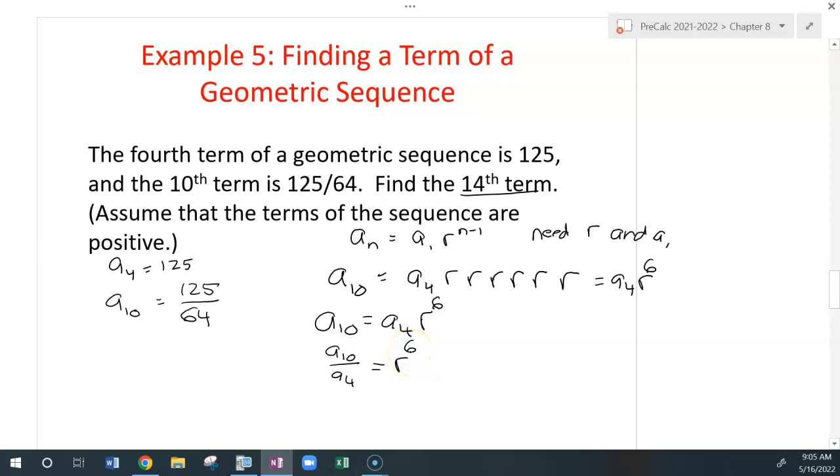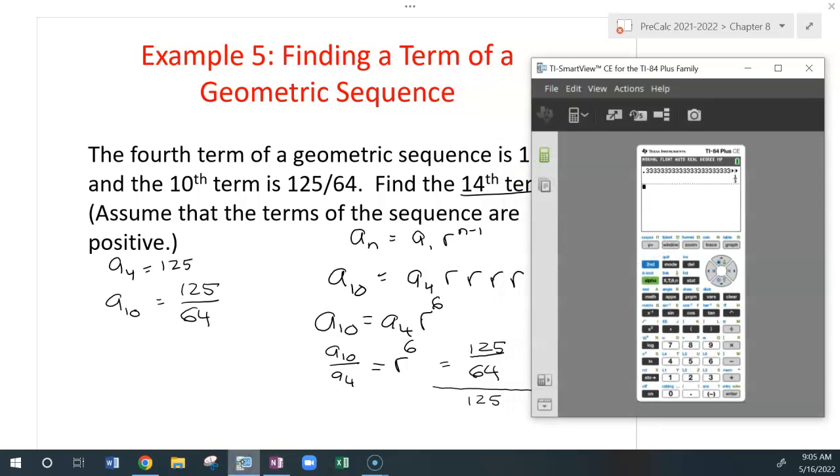So I'm just going to plug in what I know, and that equals 125 over 64, and that's a sub 10, and then we're going to divide by another 125 because that's a sub 4. And this is going to give us 1 over 64 equals r to the 6th. So now all I have to do is take the 6th root. So I'm going to get my calculator. I'm going to show you how to do this.